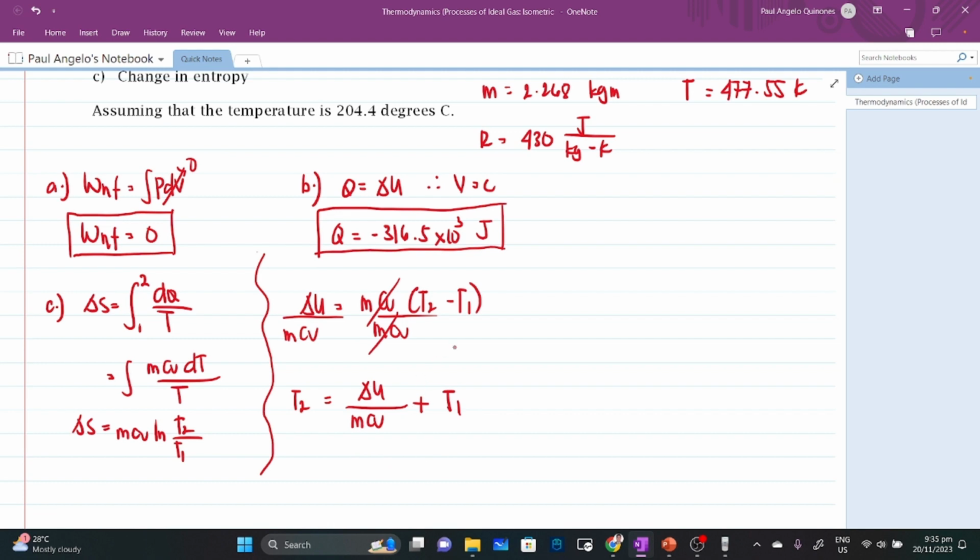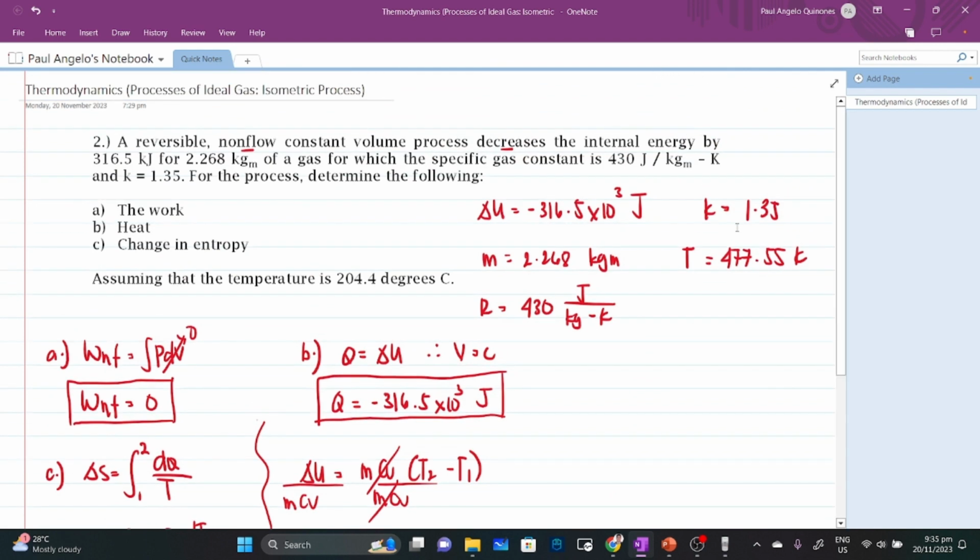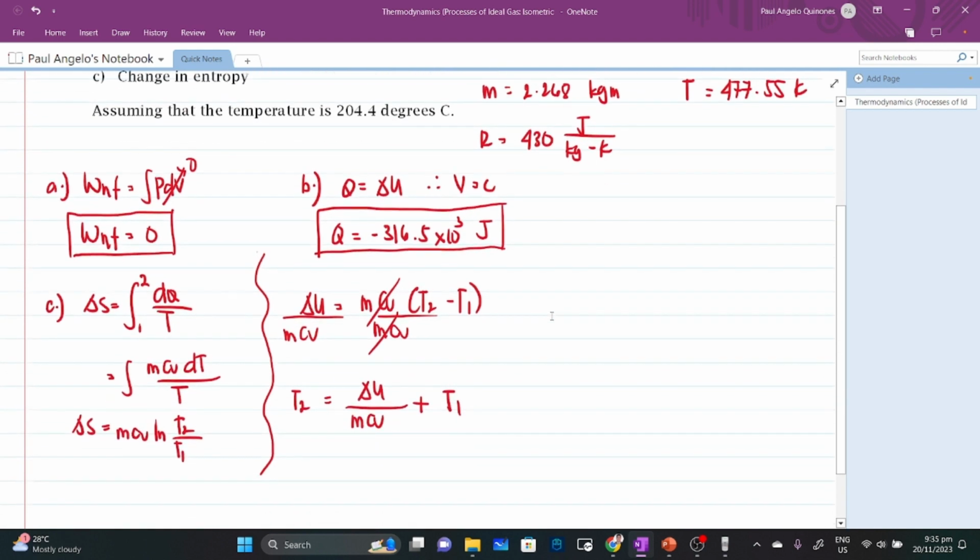However, we don't have yet the value of cv, but we are given the specific heat ratio and the specific gas constant. So therefore, cv is equal to R over (k minus 1). So R is 430 joules per kilogram Kelvin, divided by k, that is 1.35 minus 1.